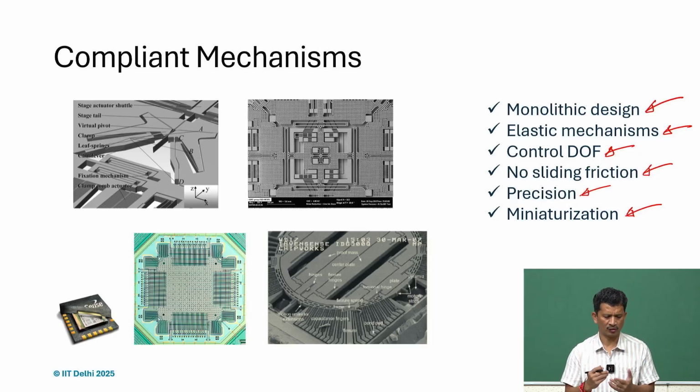Since there are no physical joints, there is no need for bearings, bushings, or even for clamping, no nuts and bolts. It means the number of parts reduces considerably, and at the same time there is no need to assemble those smaller components. So it means we can go to even wafer level or nanometer level dimensions.